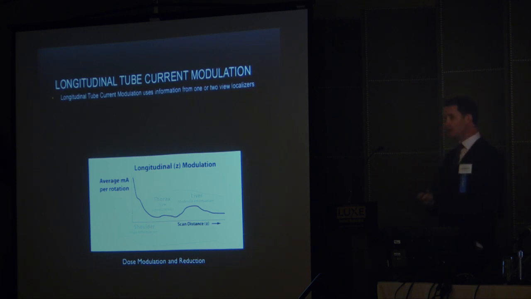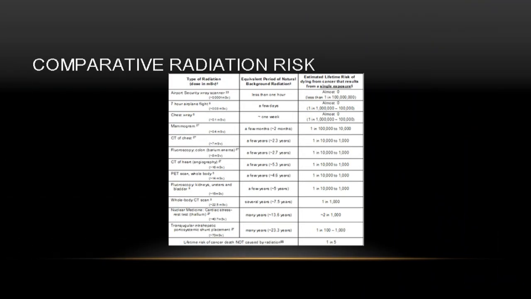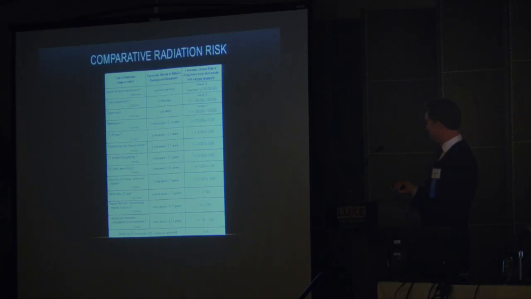You can now reliably, in a high-end center, aim for a routine CT coronary scan to come in at under 1 millisievert. And most people would say that this is a significant benefit, because of your risk of dying from a radiation-induced tumor, all the way from here at the top, which is what you get when you walk through an airline scanner, TSA, to down here if you're getting a four-hour stenting procedure, with three hours of that being fluoroscopy, is roundabout here.